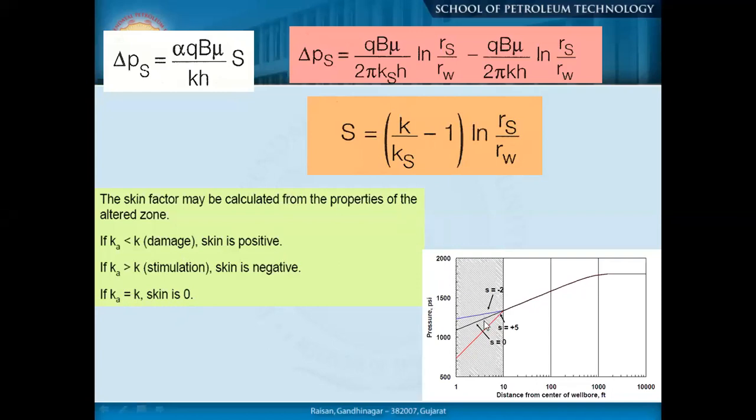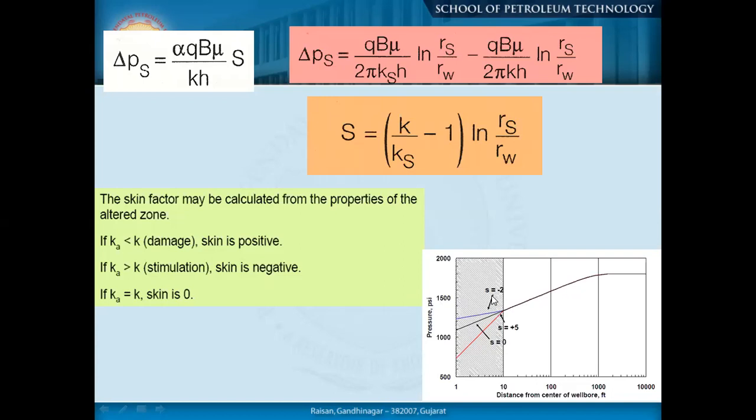Now you can correlate: when you have 0, there is no difference in the pressure drop from the external boundary to the wellbore. If K apparent is more than the reservoir K, meaning permeability is higher, then we get a stimulated effect, whereas if K apparent is less than the reservoir permeability, then we get a positive skin value.